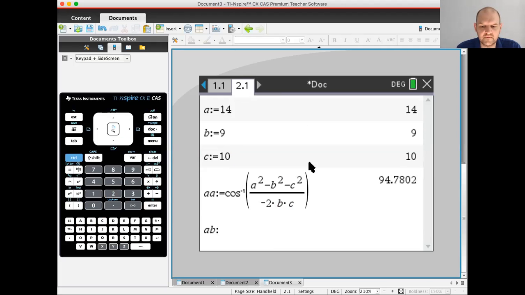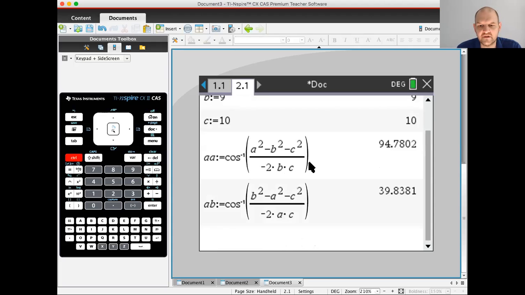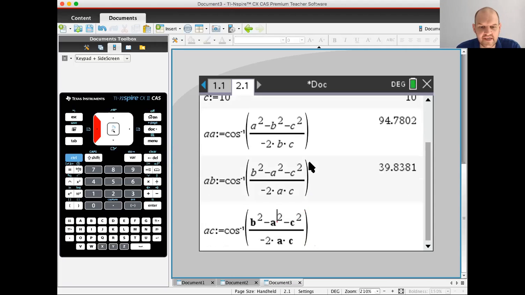Angle B is going to be the inverse cosine of b squared minus a squared minus c squared over negative 2 times a times c. The multiplication there is mandatory. If I do AC, it thinks it's a different thing. So I have to do a times c and Control Enter. Then angle C: I'm typing it every time, but the faster thing to do would be to paste this down. Really, I should have pasted the entire thing here. So it's angle C, so this will be C, and I'll change these to a B.